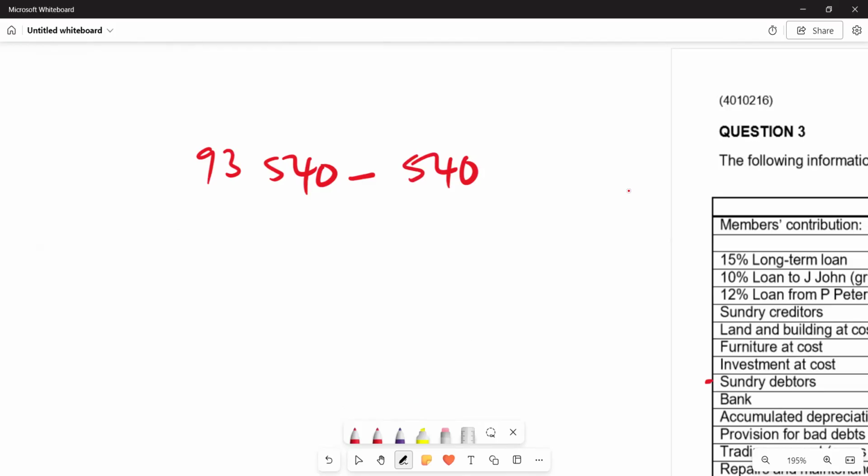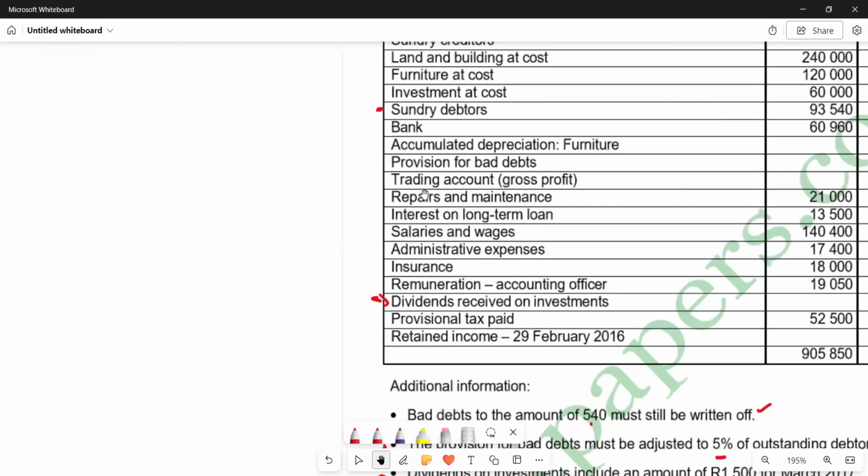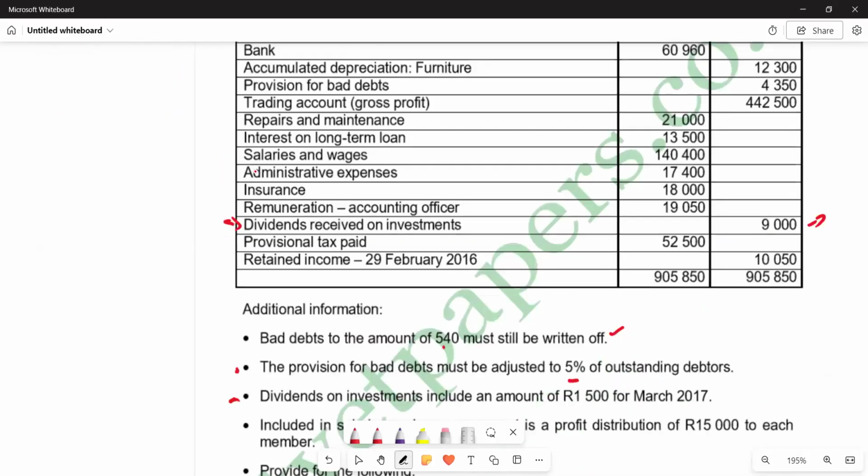So what we are going to do now, if you subtract there, we get 93,000. And then after getting 93,000, we can now calculate the level of provision for the period. Remember, we're given it as 5%.